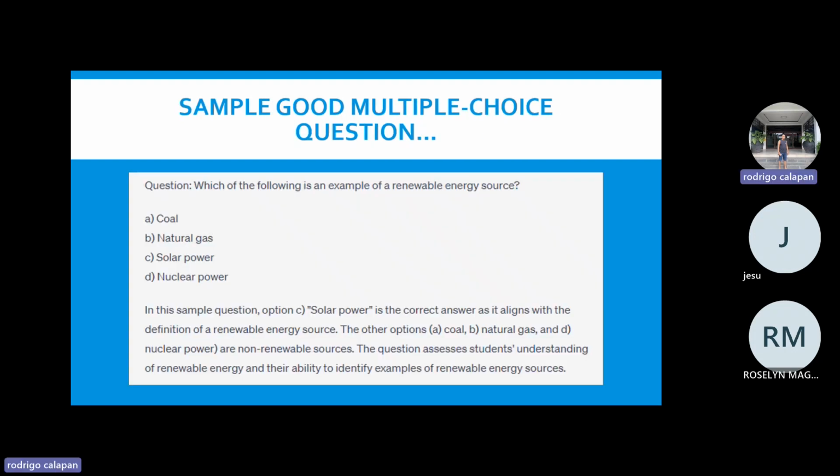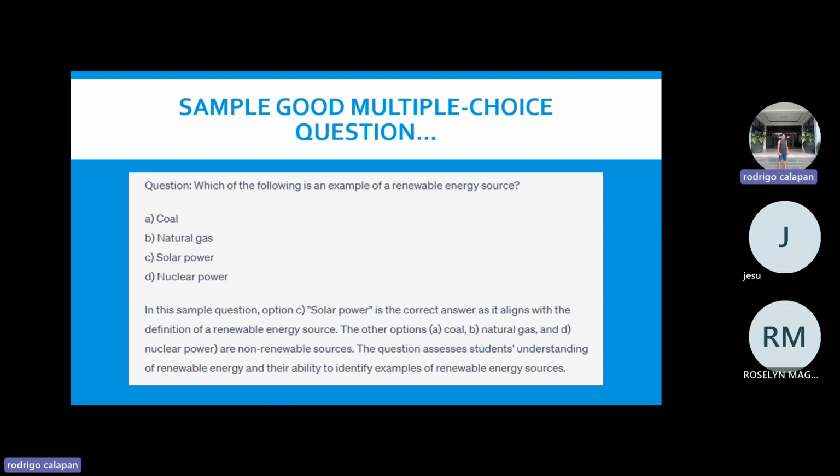This is some sample good multiple choice questions. We have here: which of the following is an example of a renewable energy source? Coal, natural gas, solar power, nuclear power. So in this sample question, option C or solar power is the correct answer as it aligns with the definition of a renewable energy source.